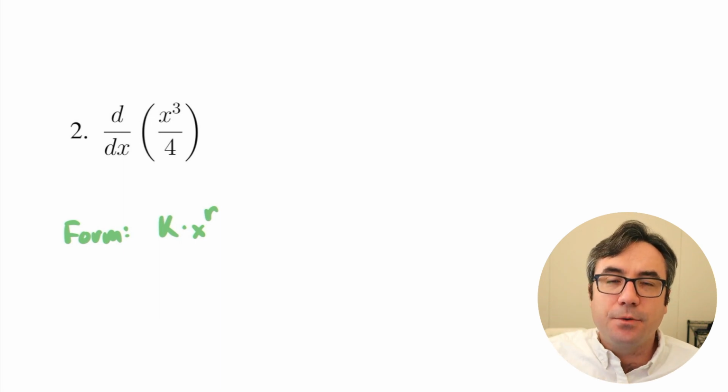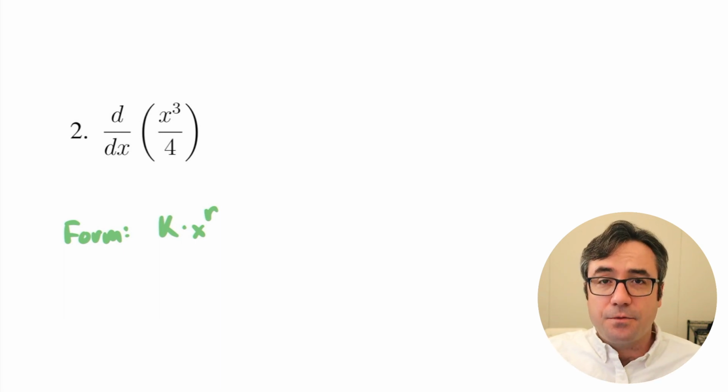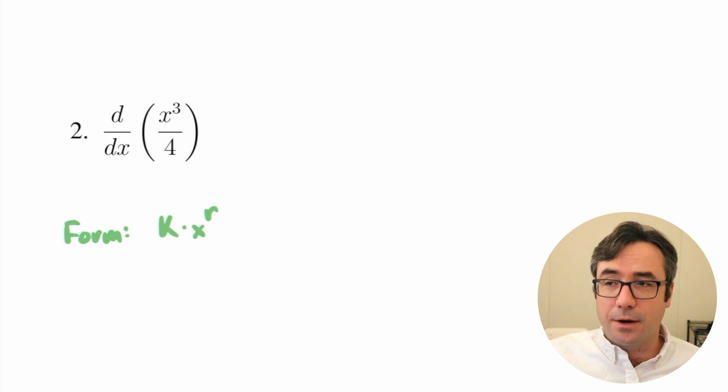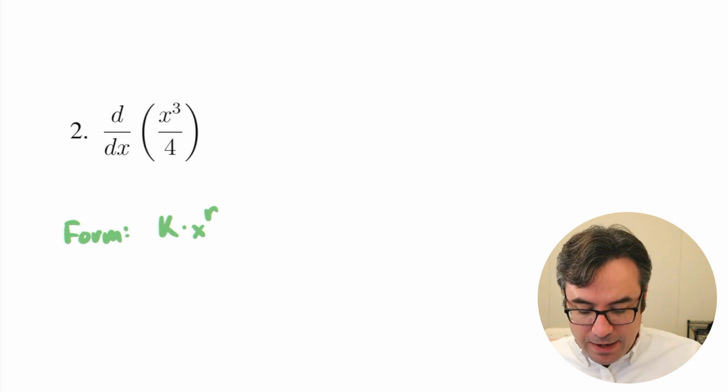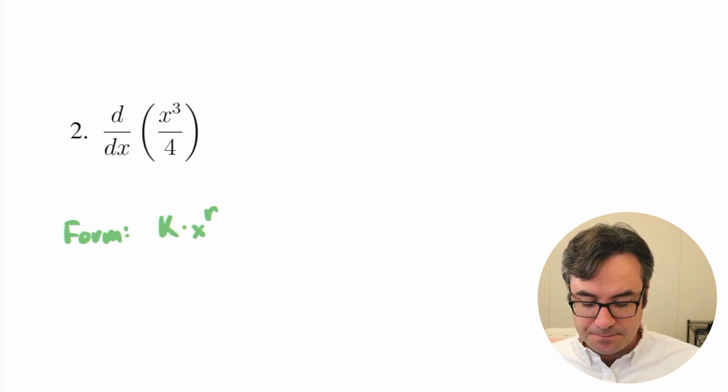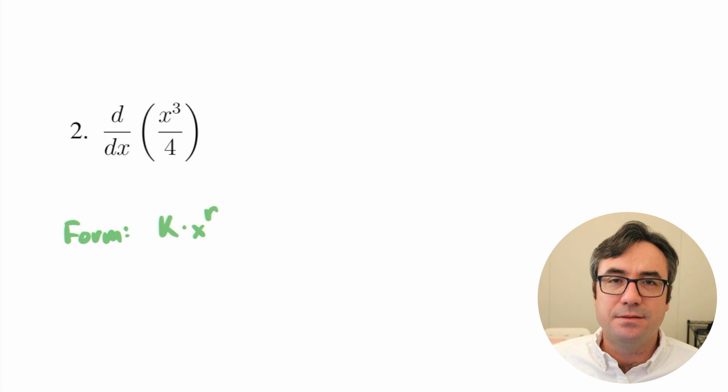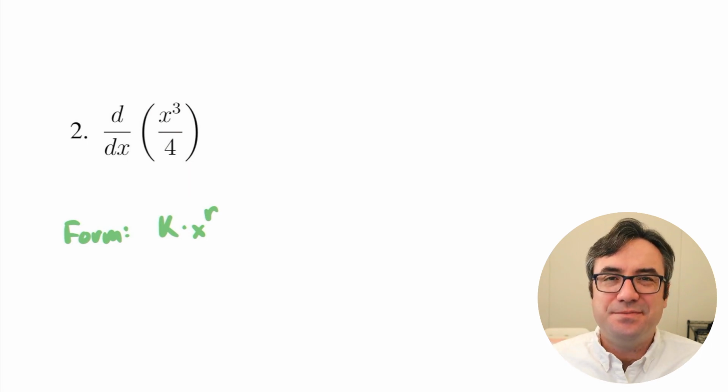So I like to separate off the constant part from the variable part. I want to write it as a product. Right now what we have is kind of a quotient, which makes the derivative a little bit more involved.